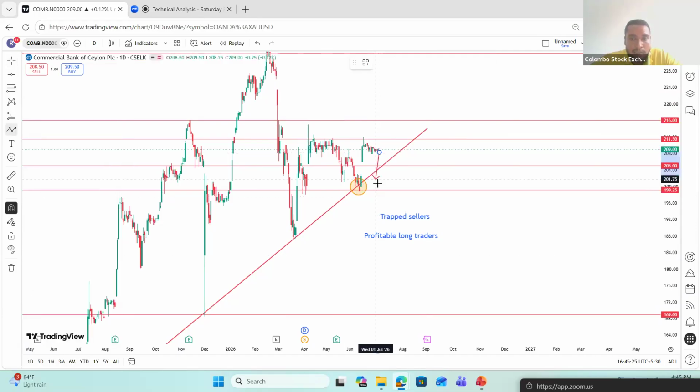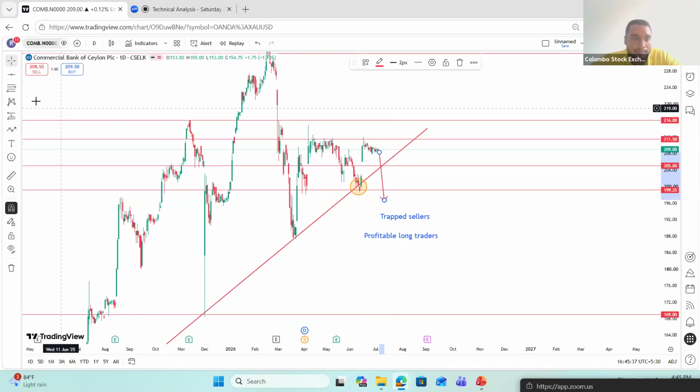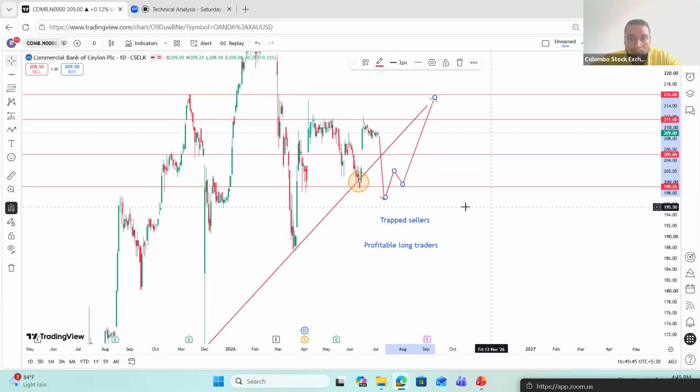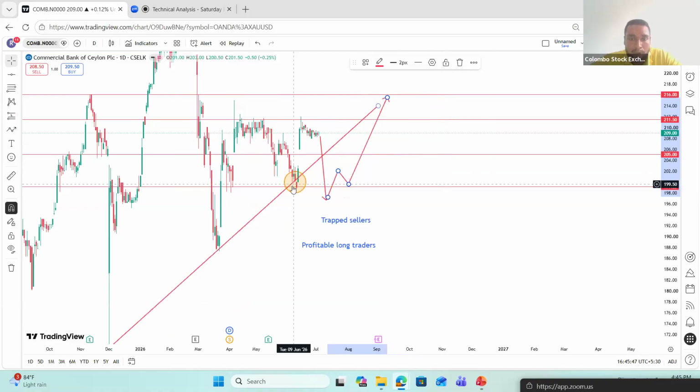Price goes like this, then grabs the liquidity down at this level. It actually goes below the support level, right? And grabs the liquidity, then goes up like this.